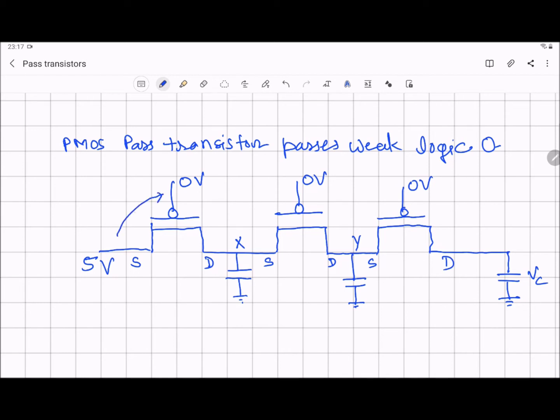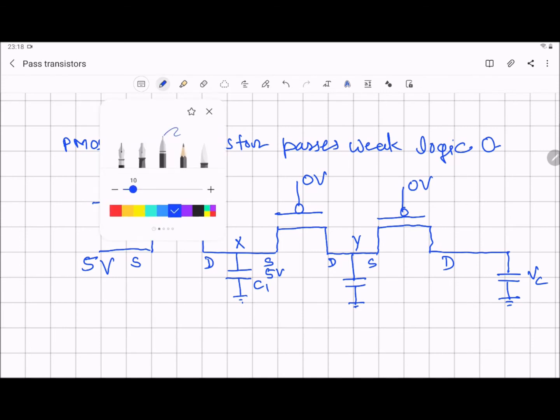Now this VGS is minus 5 volt, which is less than the threshold voltage of PMOS transistor, and it is fixed, and hence a current is going to flow, and this is going to charge the capacitor C1, and the voltage across the capacitor is going to be 5 volt because it passes strong logic 1.